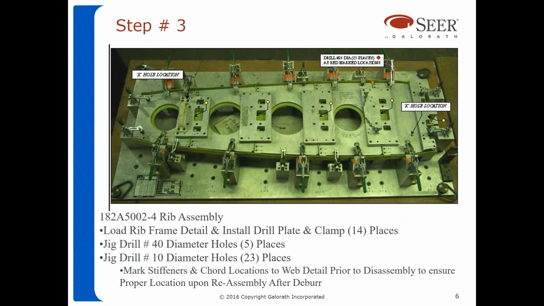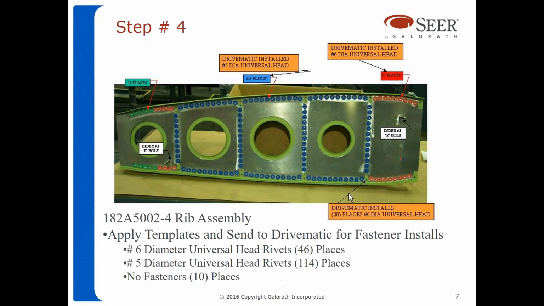Finally, the whole thing is brought together, is drilled through, jig drilled. So we load it all together within a fixture, drill the number 40 holes, the number 10 holes in a variety of places using hand drilling. And then finally, once it's all in place, positioned, drilled, cleaned, deburred, we can then put the fasteners in where we have some standard universal rivets and other fasteners for the completeness.